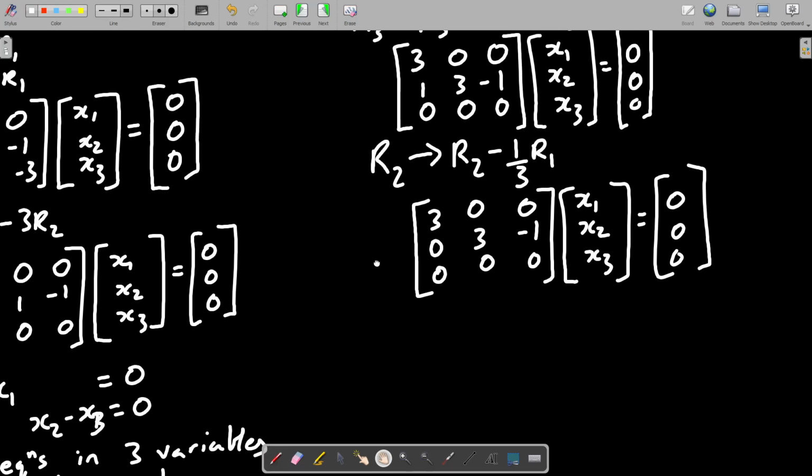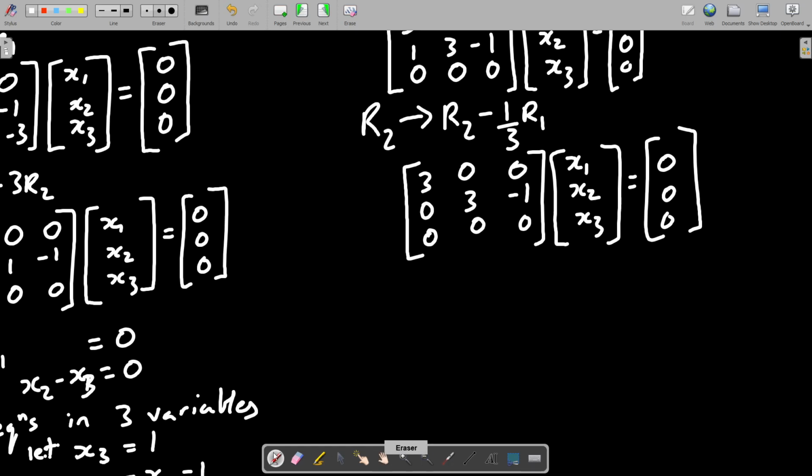So after multiplying this now, you'll conclude that 3x1 is equal to 0, 3x2 minus x3 is equal to 0.